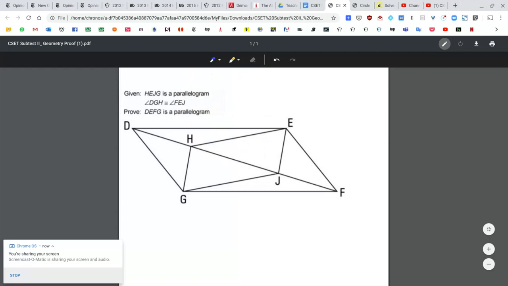So I know that the opposite sides of a parallelogram are congruent. So I'm using parallelogram properties. I also know that the diagonal AJ bisects this parallelogram into two congruent triangles, and then I can form alternate interior angles like this. So we know that angle 1 equals angle 2.